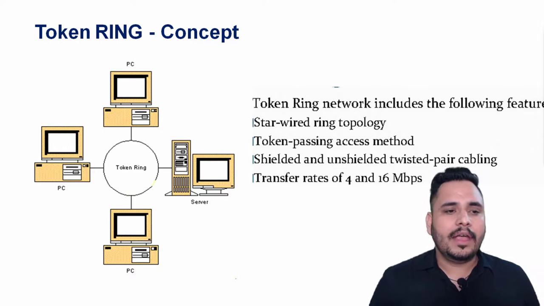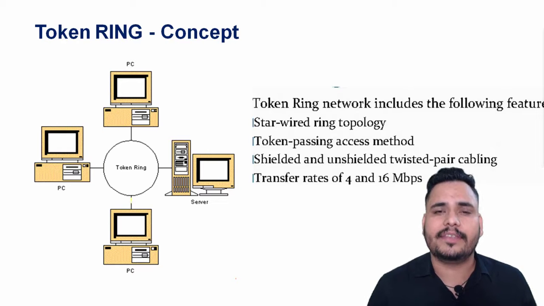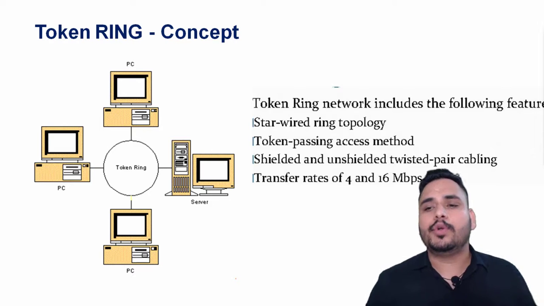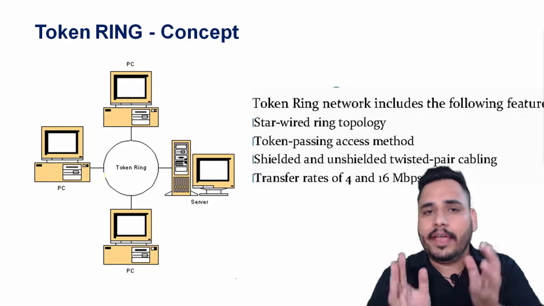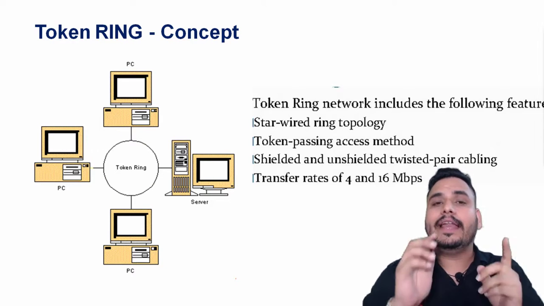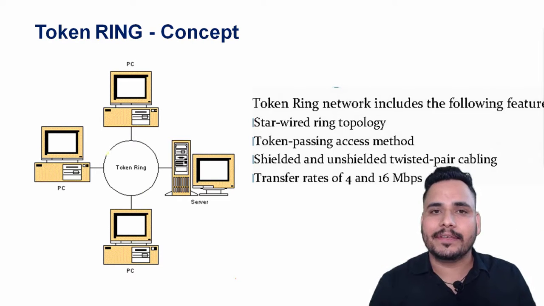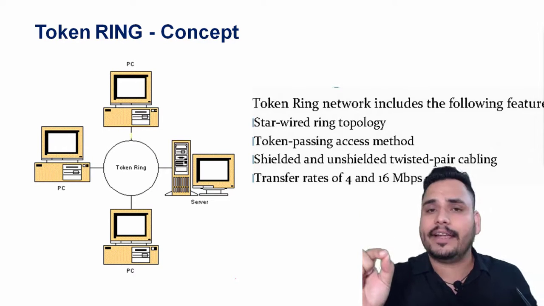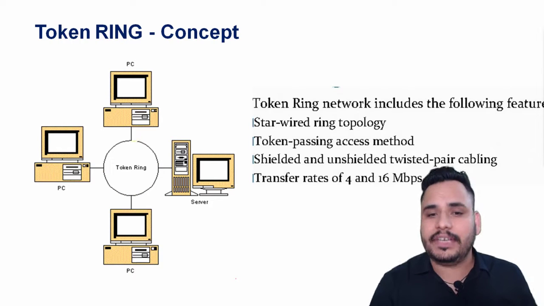You can see, if my PCs are connected in a token ring topology with associated workstations, servers and other devices, then token ring is like a star-wired ring topology in which, when the first PC sends data to the second PC, it sends a token to the second PC first. During that interval, while the first is sending data to the second, the third and fourth are not able to communicate with each other.